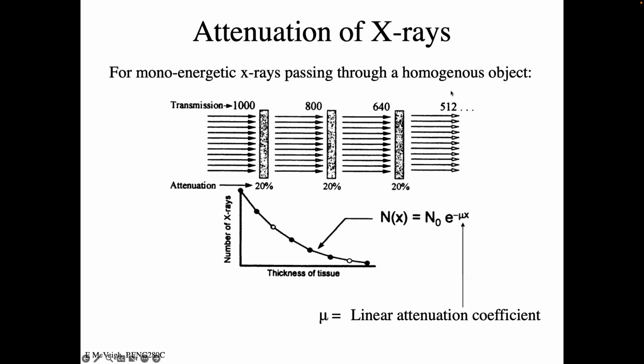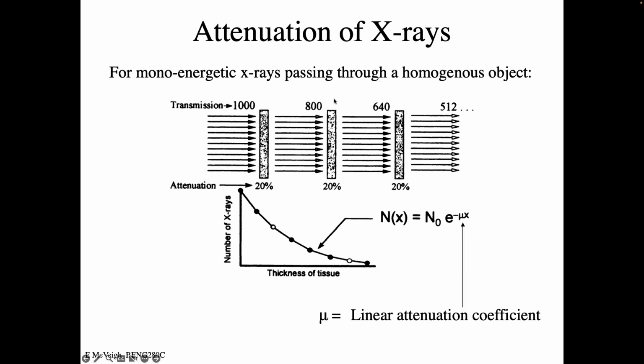For all of the data that we're looking at, we assume this is occurring through all of the materials. There will be some artifacts introduced, because it turns out that this material is preferentially going to attenuate lower energy X-rays. If the X-rays hitting the material aren't of identical energy, they're a spectrum of energies, the lower energy X-rays get attenuated at a higher percentage than the higher energy X-rays.